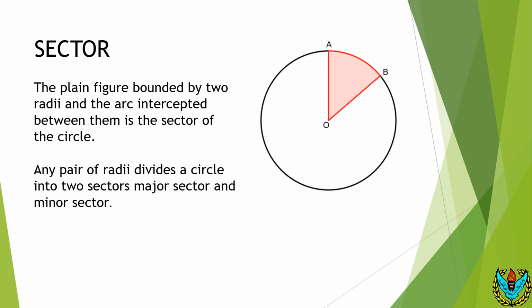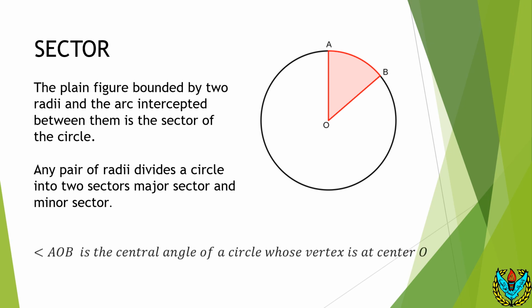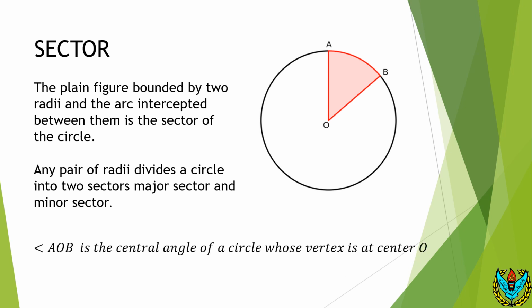So AOB, the colored portion, is the minor sector and the unshaded portion is the major sector. The central angle AOB, which both radii make at the center, is called the central angle with vertex O.